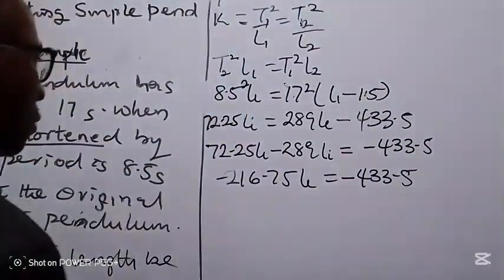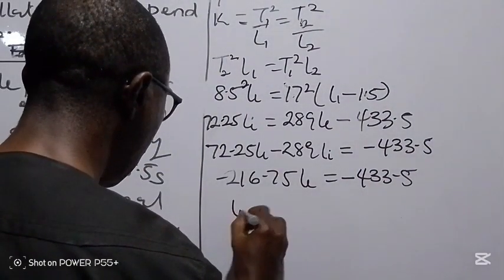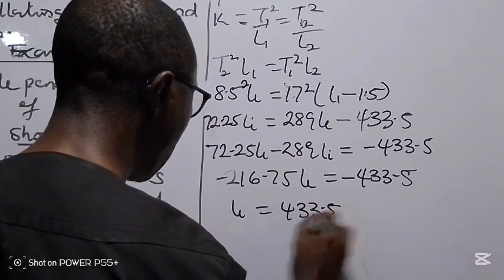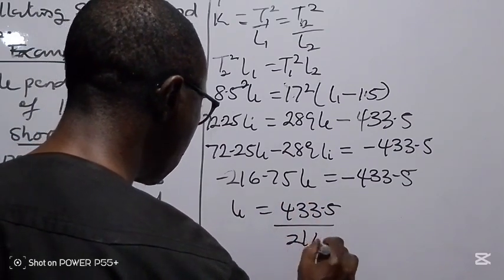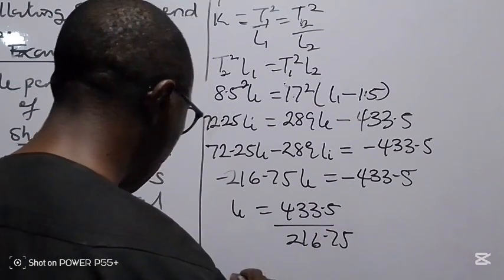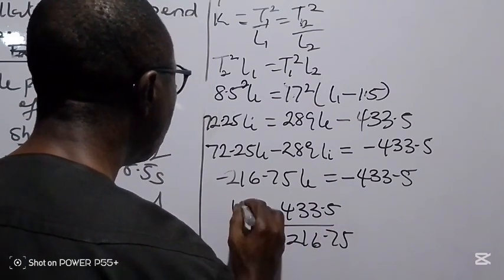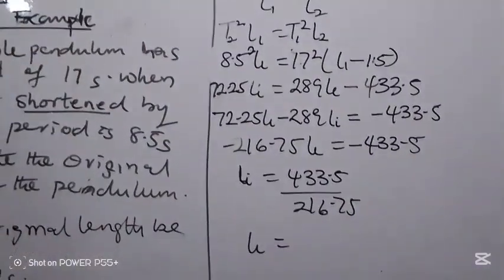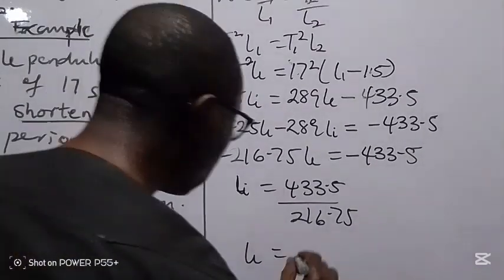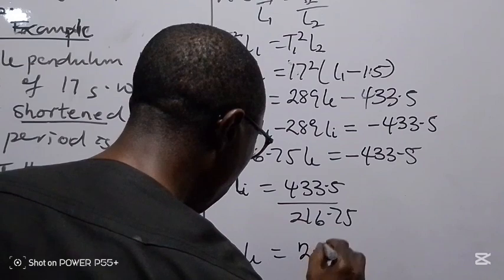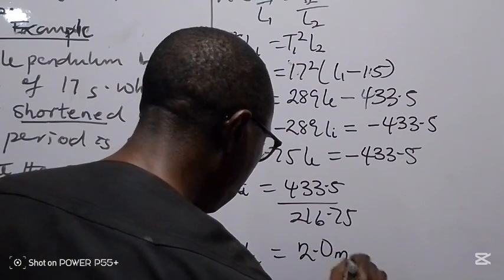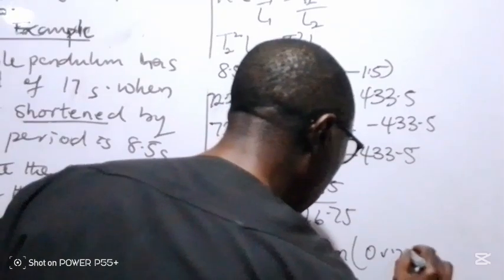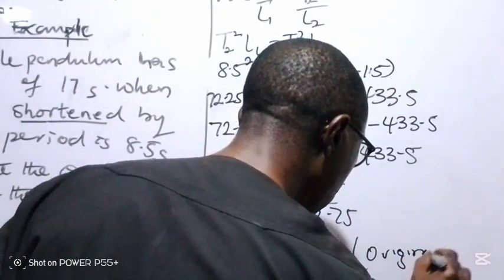Minus will cancel minus. Therefore, L1 will be equal to 433.5 divided by 216.75. L1, that is the original length, will be equal to 2.0 meters. This is the original length.